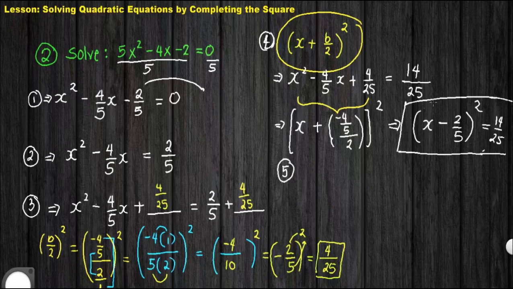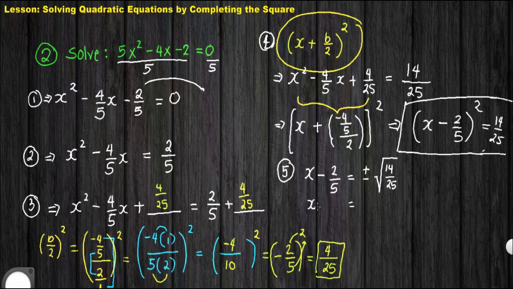I'll remove the square. We have x minus 2 over 5 equals plus or minus the square root of 14 over 25. Okay? So, I'll simplify this first before I move negative 2 over 5 to the other side.